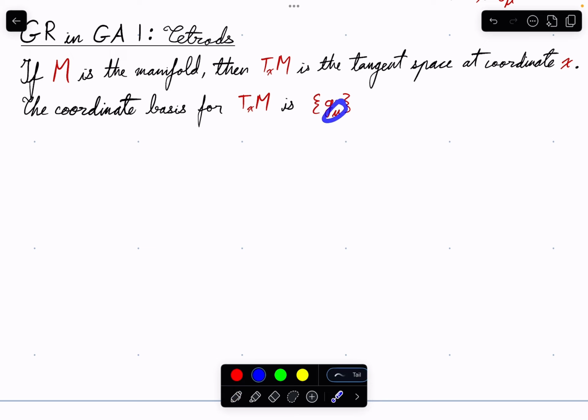And we're going to talk about what these are exactly. It's written g_mu, and it's called the coordinate basis. So the tangent space, and then this is called the coordinate basis.